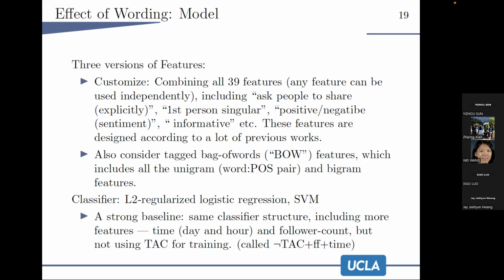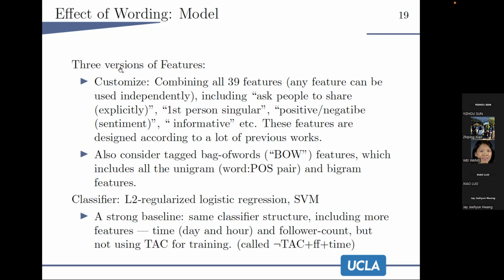For their model, it is not very complicated. Basically they spend a lot of effort crafting features. I say 3 versions of features because they are usually comparing their customized features, the unigram features and the bigram features. The one that they spent the most effort on is, of course, the customized one.